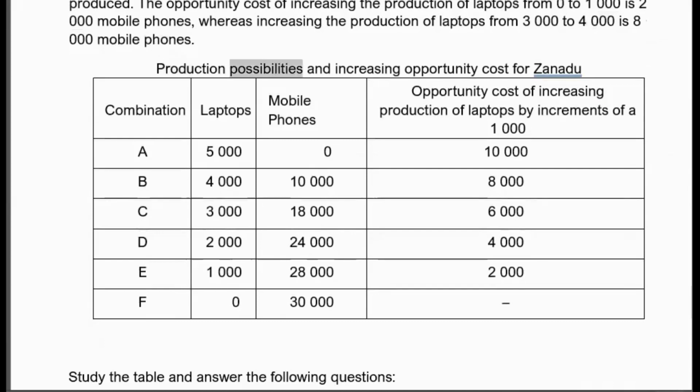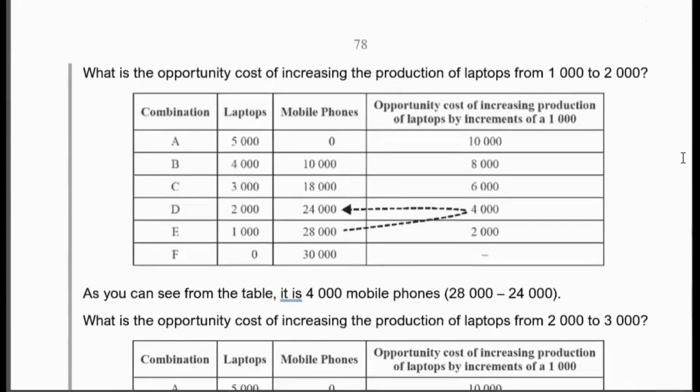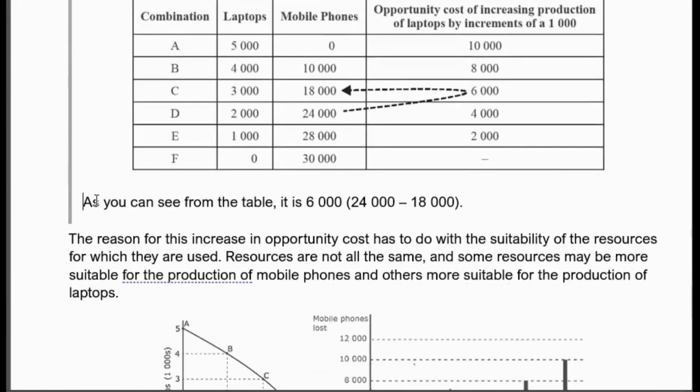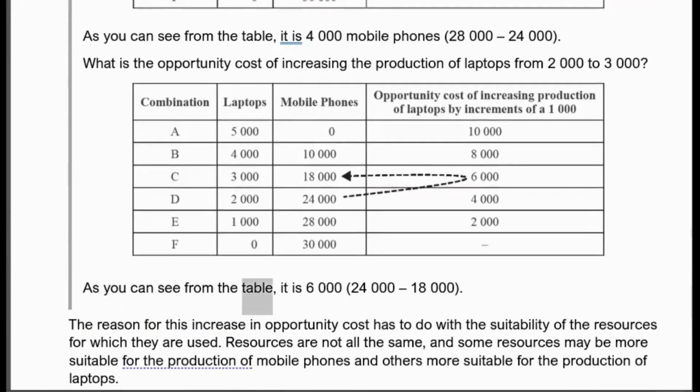Production possibilities and increasing opportunity cost for Xanadu. As you can see from the table, it is 6,000, 24,000 to 18,000.